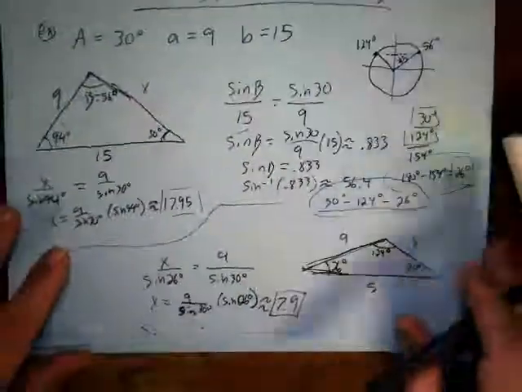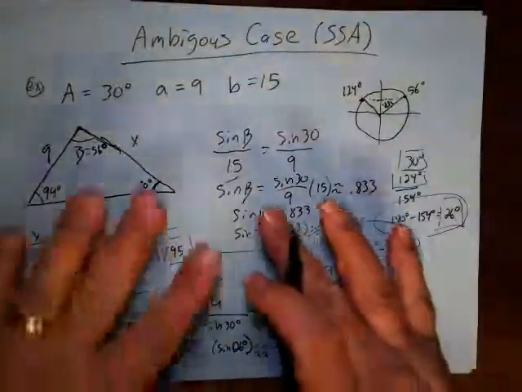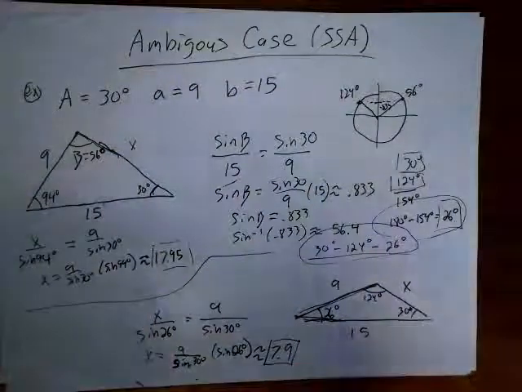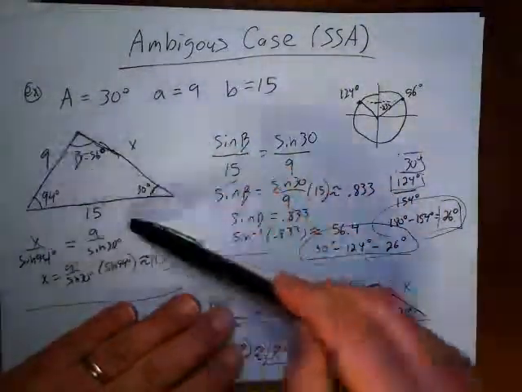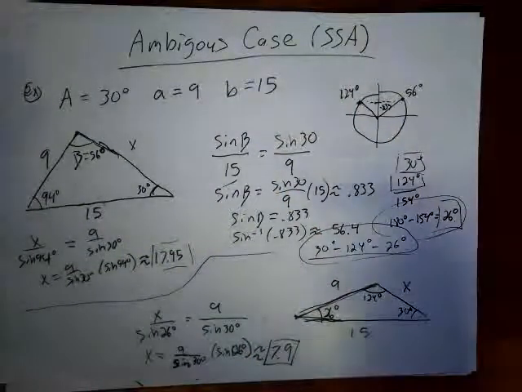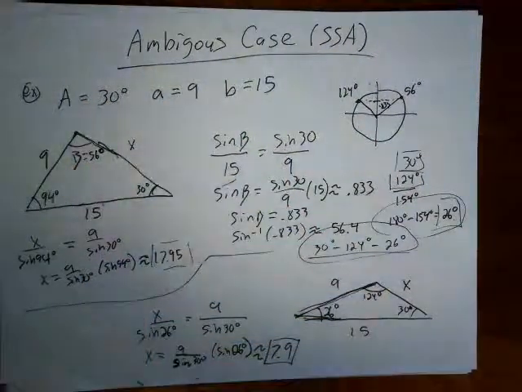Now what I would encourage you to do is, if you have a case like this, don't worry about the ambiguous case, just go to solve it. You would get at least one of the triangles. And in fact, I did this on purpose. So there was that nice video that I put up that introduced the law of sines. This was actually one of the triangles she did right at the end.